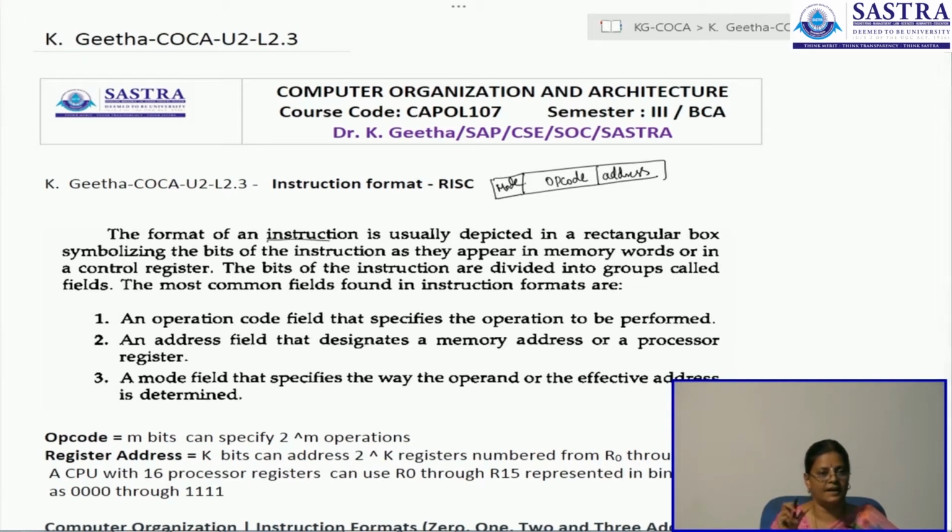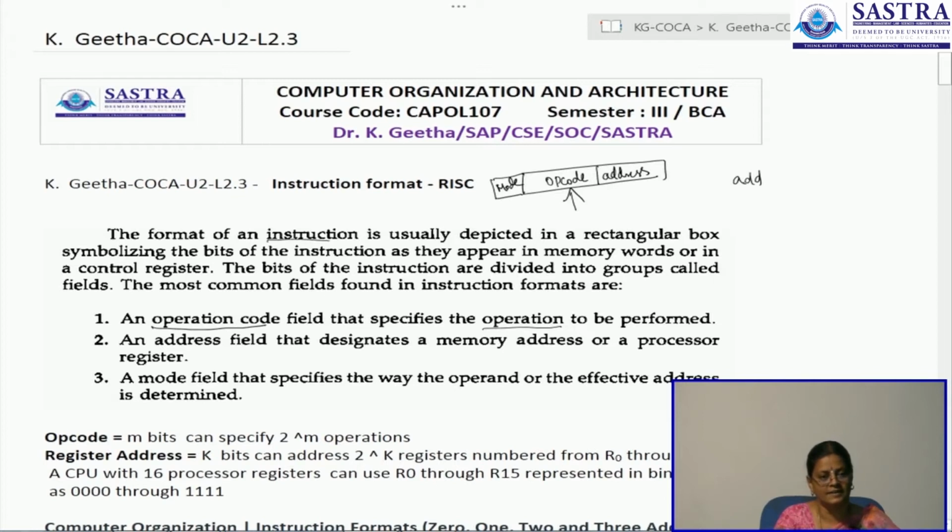So any instruction is going to comprise three important fields. The first one is the opcode, which specifies what is the operation to be done. Suppose for example I want to do add, I will specify add, and this specifies the operation. Then on what does this add operation have to be done?